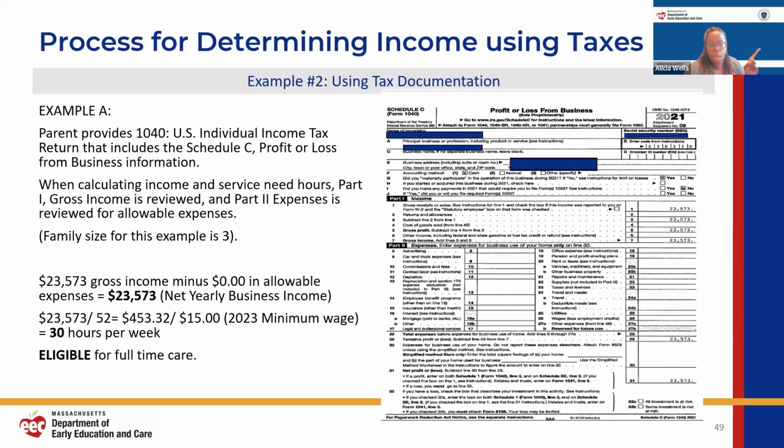Like I said, we will have a CCFA training. CCFA is available now for you to put in the 1 month income. You would just need to get to the 1 month income to put into CCFA. However, you still need to determine if they're eligible based on the activity hours, and this is what we're showing you here: how to get to the activity hours.